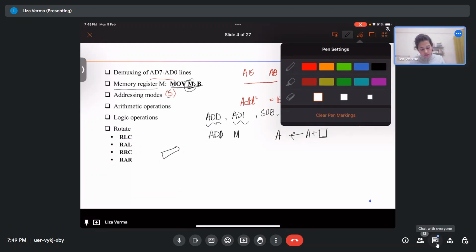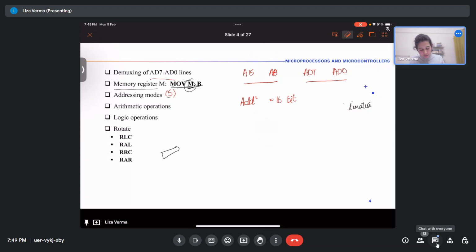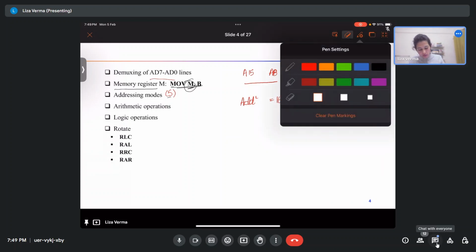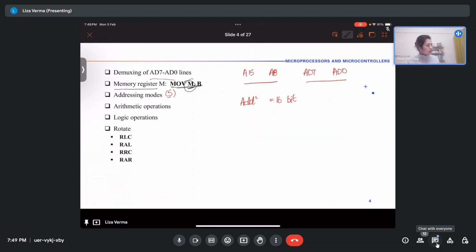Then we have logic operations. As we know, these are AND, OR, XOR, XNOR, NOR. Similarly, we can have AND to accumulator and immediate.